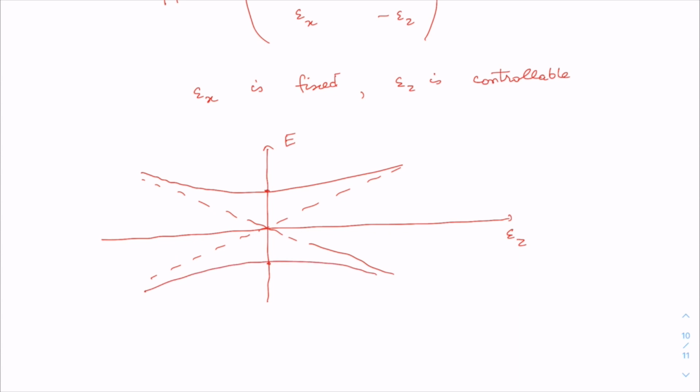Now let us find the eigenvectors at the asymptotic limits.